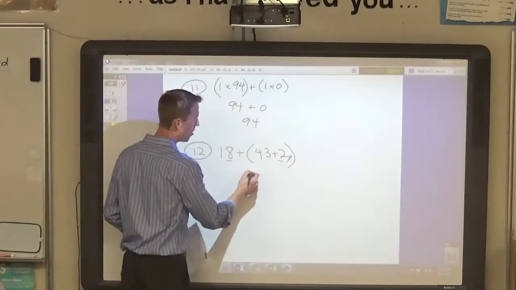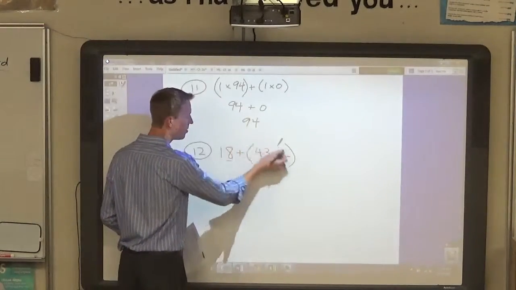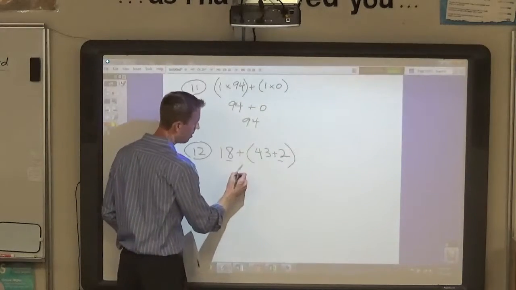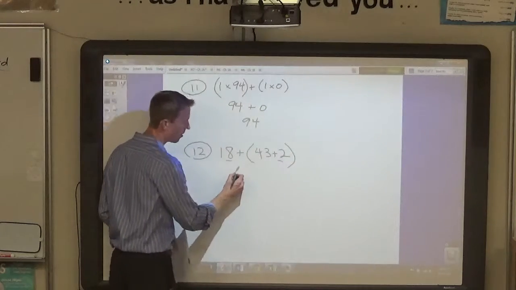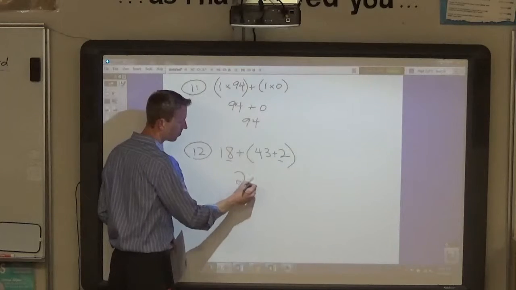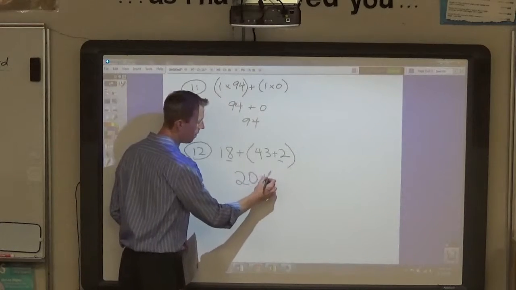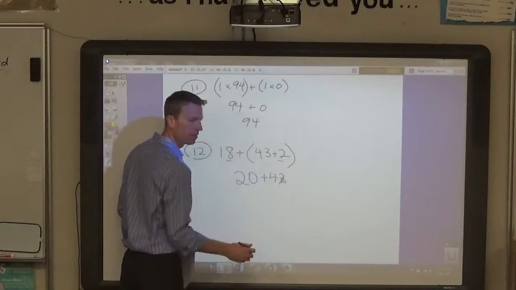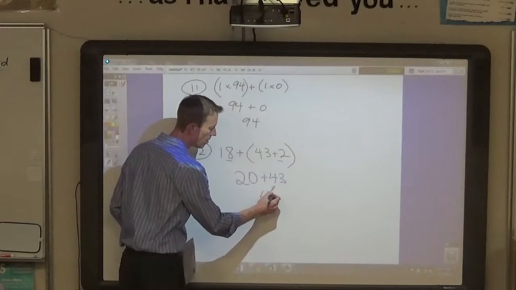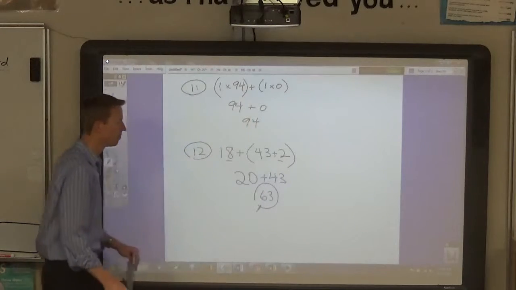Using the commutative property, we can add these two numbers together. So 18 plus 2 is what, class? 20. And then 20 plus 43 is 63.